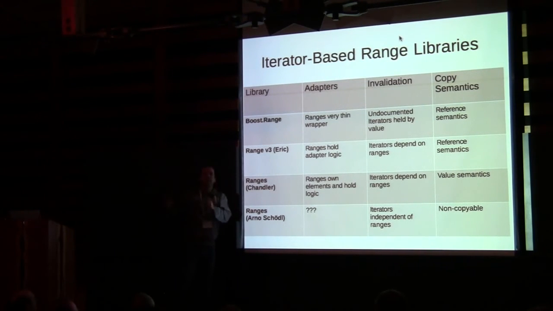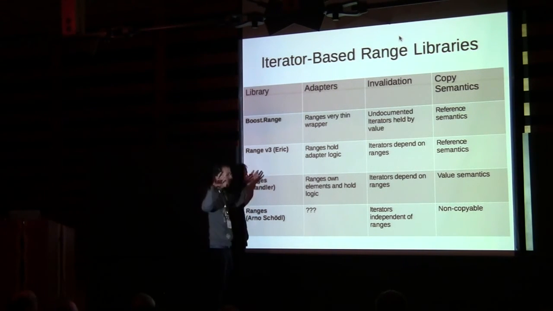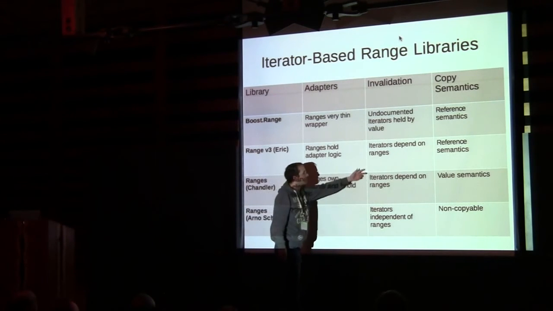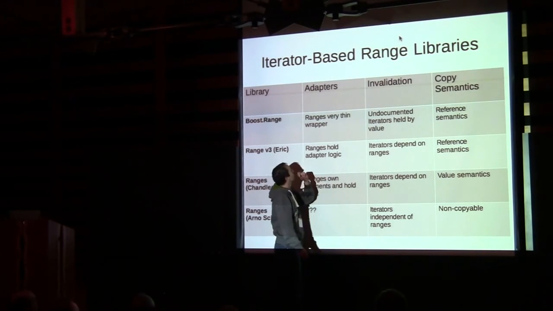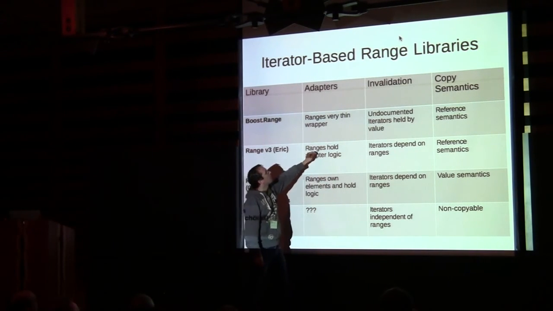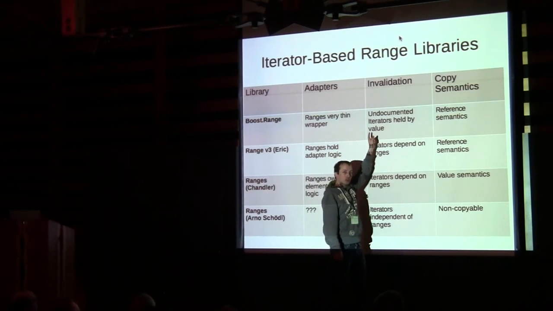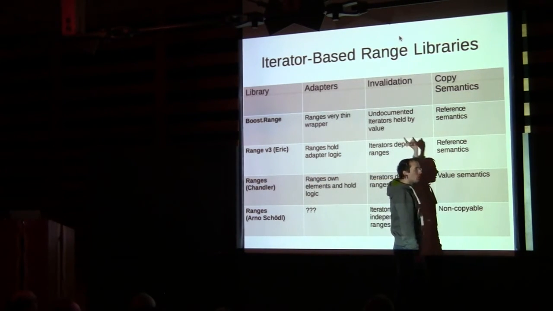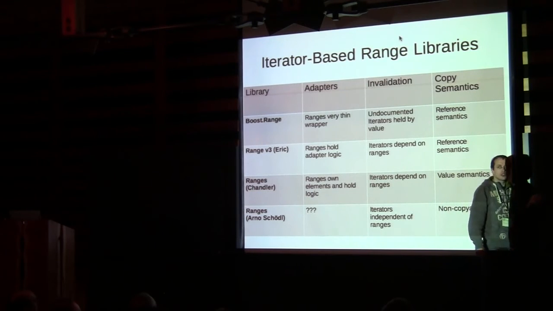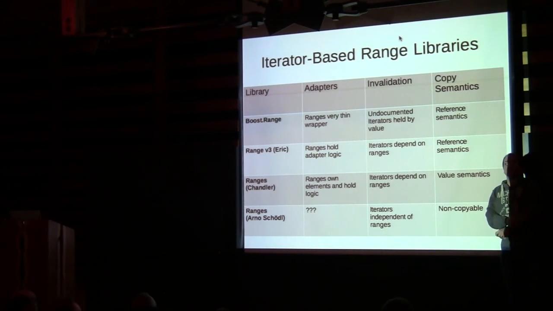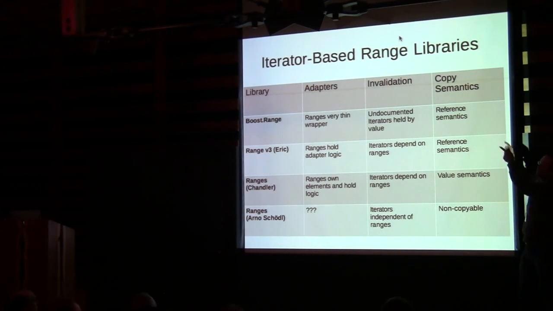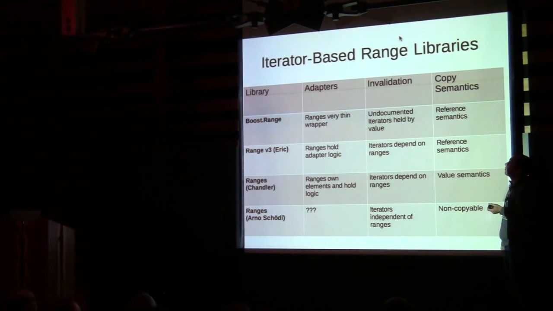Because he wants that to be valid. So this shows one of the trade-offs. As I said, Boost.Range does not document it, but all the adapters I've seen just hold the adapter iterators, and the adapter iterators hold the inner iterators by value, so the iterators are independent of the ranges, effectively.